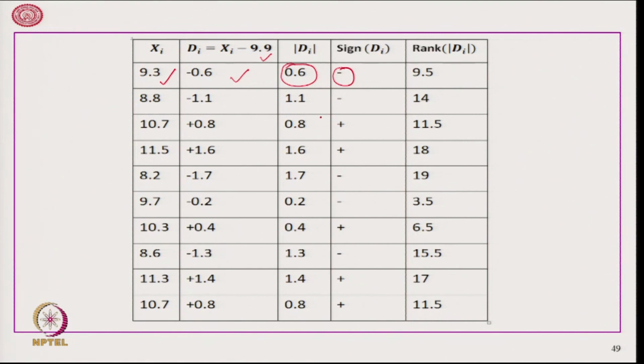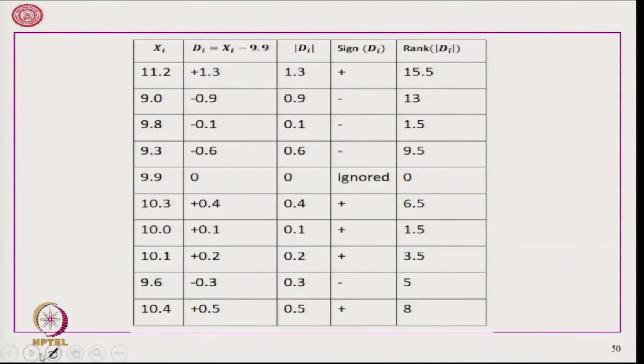Similarly, for 8.8, it is minus, and the value of di is 1.1. On the other hand, if it is 11.5, then the difference is 1.6, it is a plus, and the absolute value of di is 1.6.